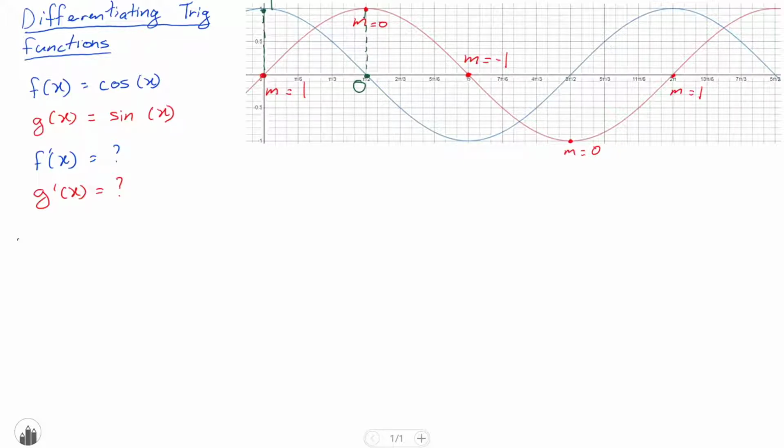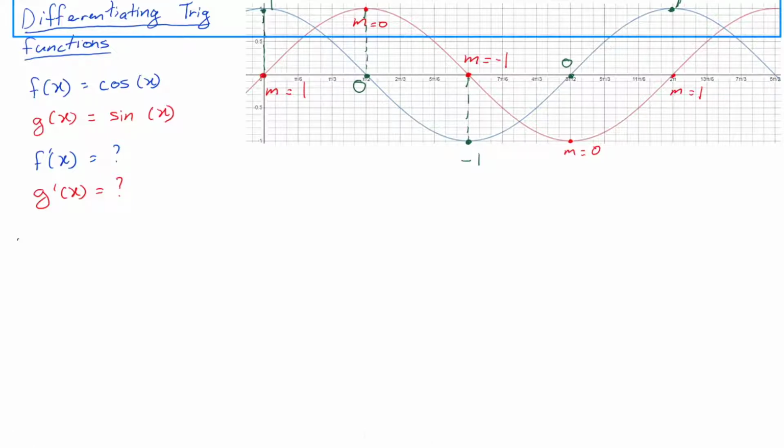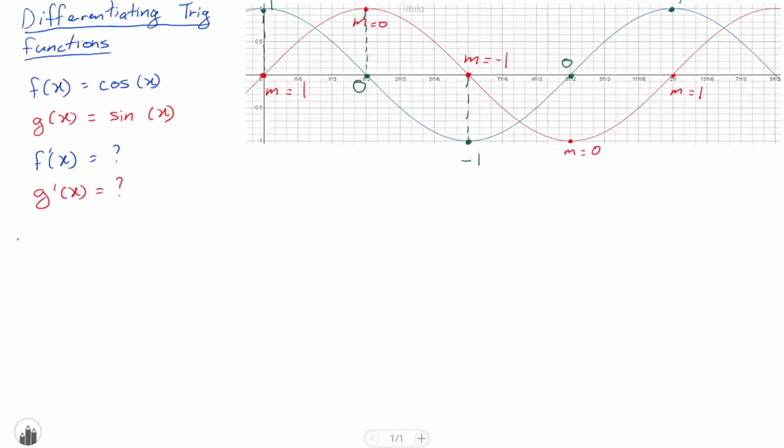What's our value of cosine of that x value? Well, it turns out this value right here is negative 1, and so on. We keep going. We've got a value of 0 over here. We've got a value of 1 over here. That's not m, this is just the value 1. Okay, so let me just draw that again.